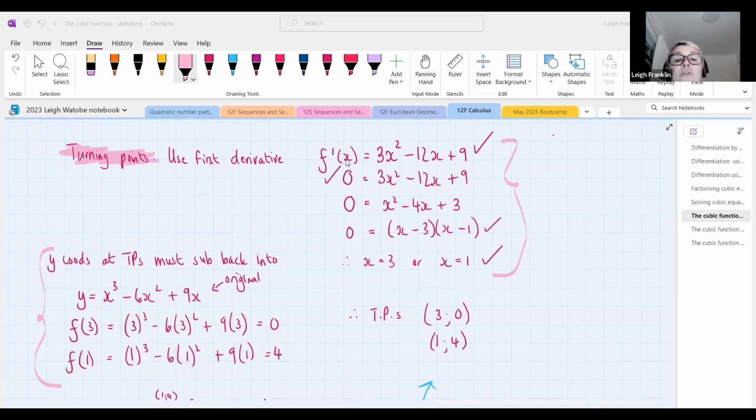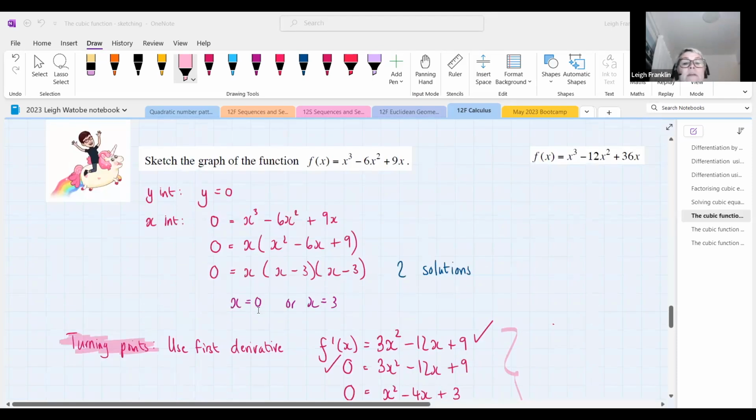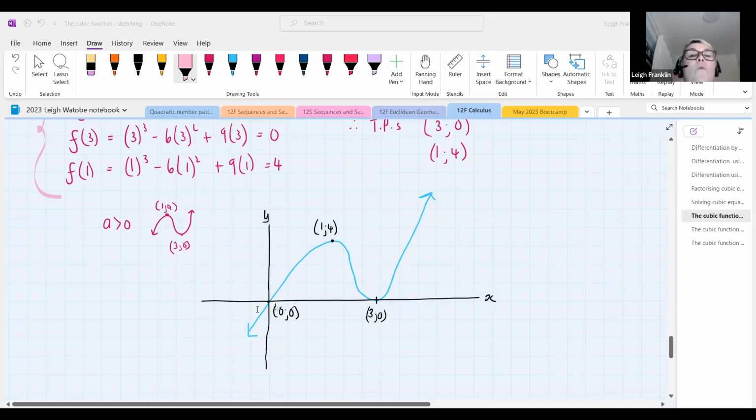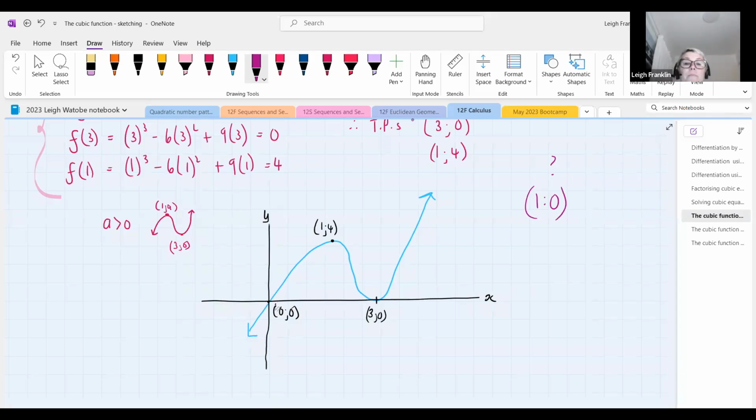Okay, Leanne, you're asking about 1 and 0. What is 1 and 0? 1 and 0 is not a point on our graph. So what do you mean by 1? What do you mean by this? Leanne?